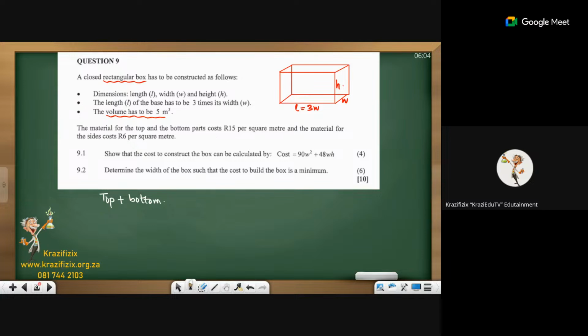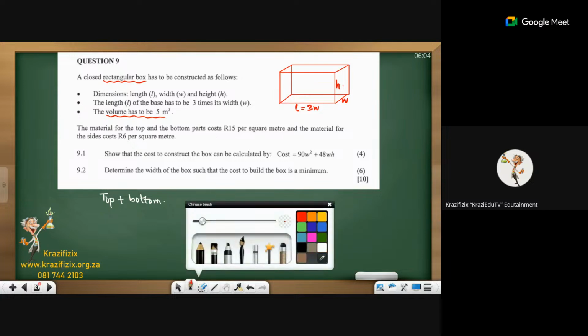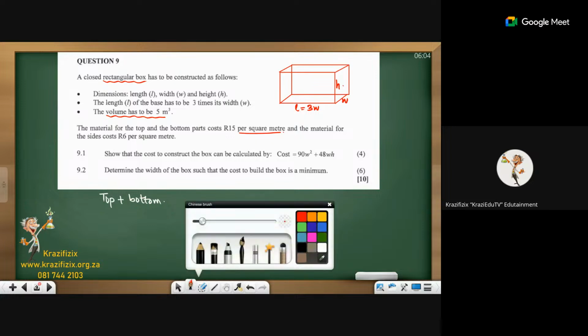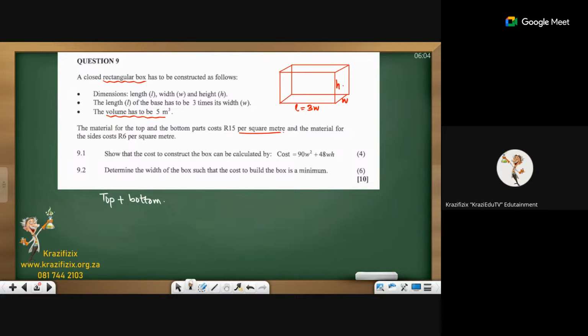The examiner says per square meter, which is area. That's telling you we need to find the area of the top and the area of the bottom, which are actually the same. All right, so what's the area? It's a rectangle. It's length times breadth. So the area of top plus bottom.